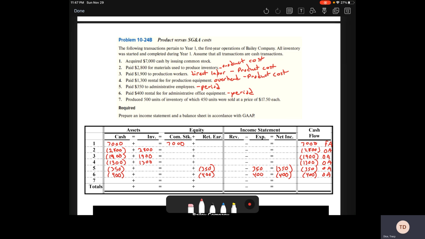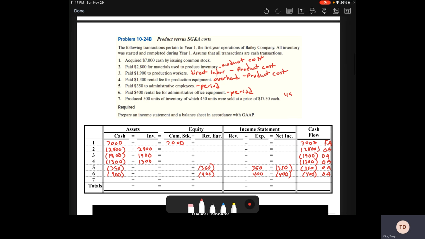All right, so now number 7. We produce 500 units of inventory and we sell 450 units of them for $17.50 each. So to find out our revenue, we need to take that 450 times $17.50. When you do that, I believe you should get 78.25. Just double check that.